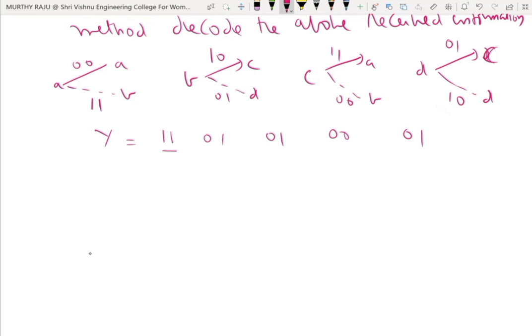Therefore, start with state A. The state has A to A, the output is 0 0, and A to B with output 1 1.